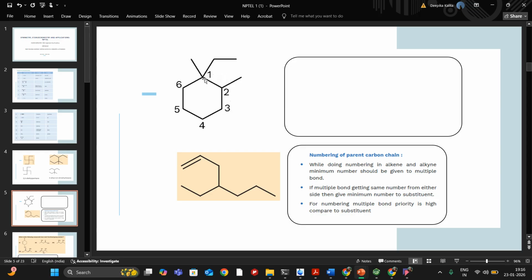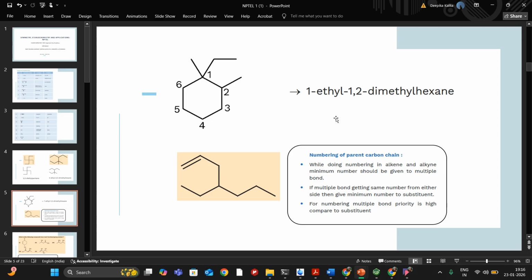This carbon we assign as 1, and this carbon we assign as 2. Hence the name will be 1-ethyl 1,2-dimethyl hexane. Again, the ethyl is coming before methyl because alphabetically E comes before M. I hope this question was also easy to you.